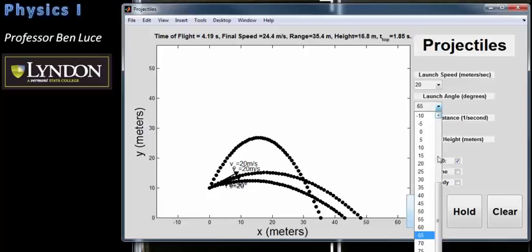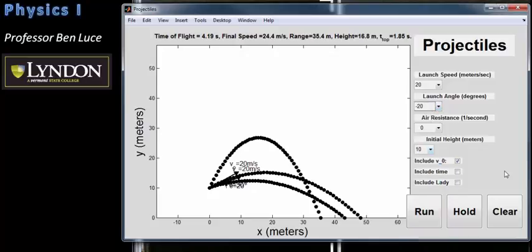Let's actually pick a negative angle. Let's launch in a downwards way, say minus 20 degrees. So we obtain this trajectory. This looks very different qualitatively from these others. And a very short time of flight, a very short range, and yet the final speed is still 24.4 meters per second.